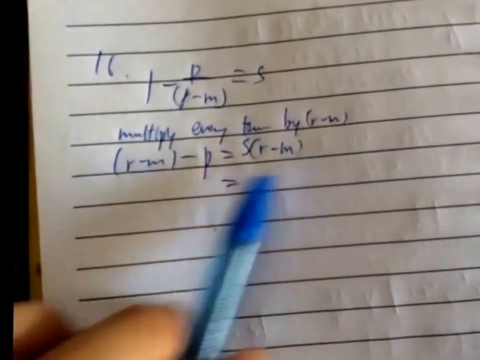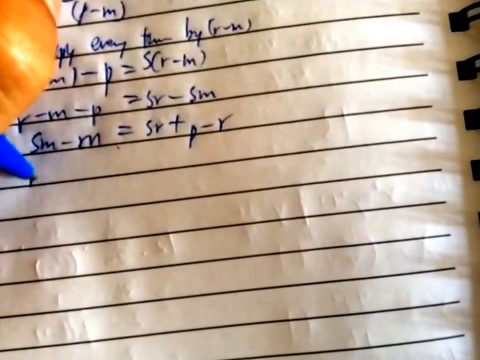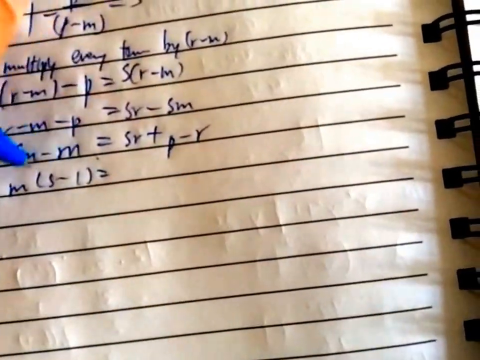So m appears 2 times, so you should expand everything out. And you can move the m here as m minus m, and s r plus p minus r. So you can factorize out and move the x minus 1 into the denominator of the right hand side. And there is no m here.